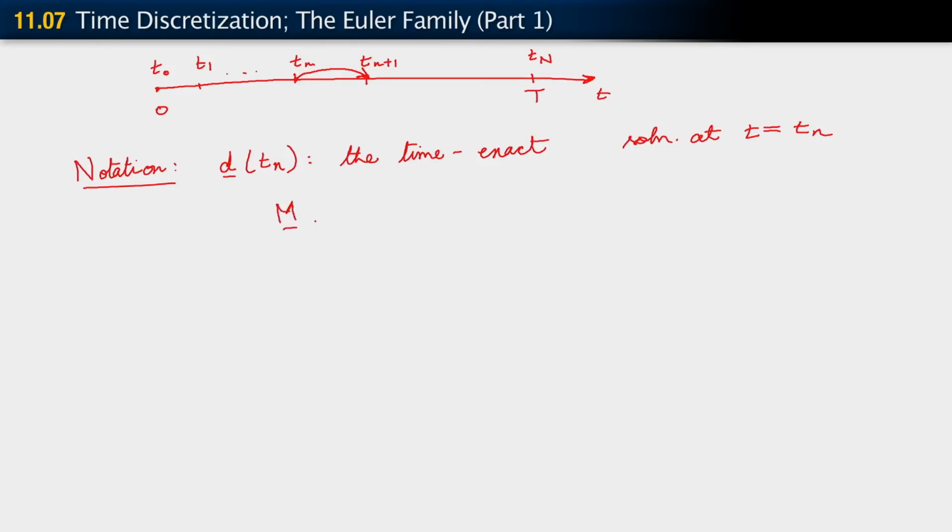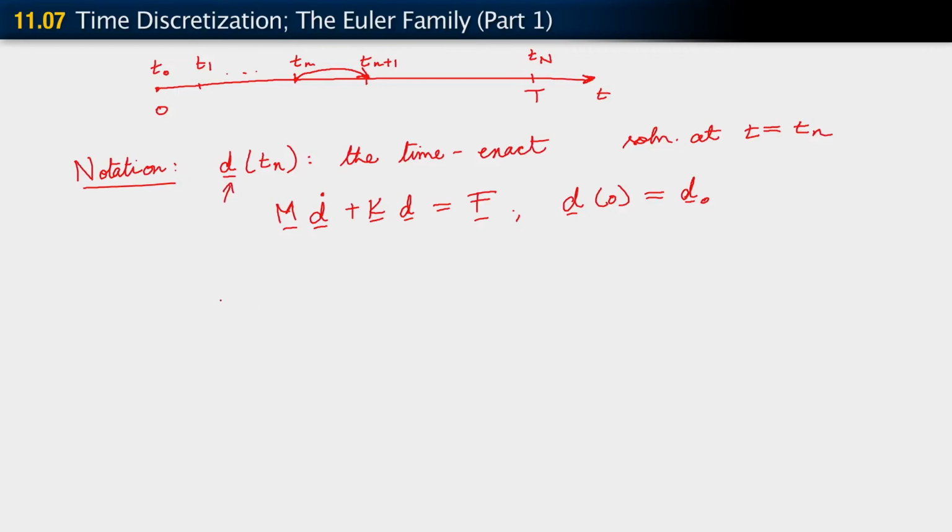This is our matrix vector ODE, with initial conditions. If we had a method to exactly integrate this, then the solution that we would get at a given time tn would be this.